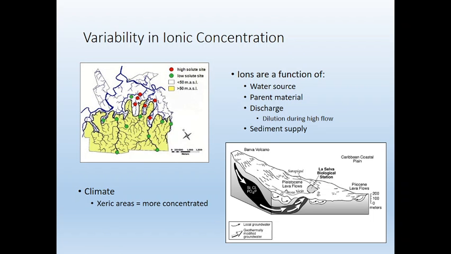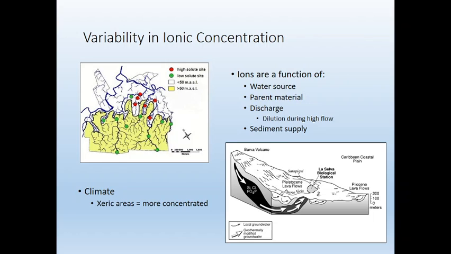Now, as a stream is flowing, it's going to hit different geology, right? As a stream flows, the land changes. The ions that you find in the water are from two places: from where the water just came from and the parent material, like what the bedrock is that the water is flowing through.